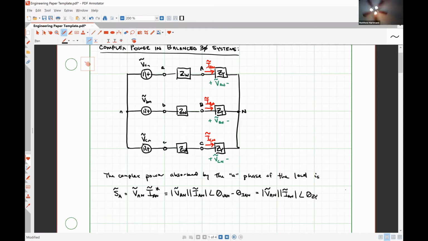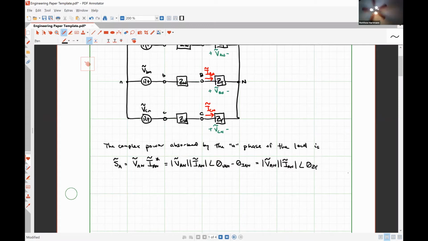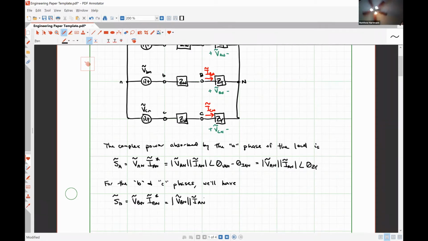Okay, so for the B and C phases, we will have S_B equal to VBN multiplied by IBN conjugate, which is going to look like the magnitude of VBN times the magnitude of IBN, angle theta ZY.